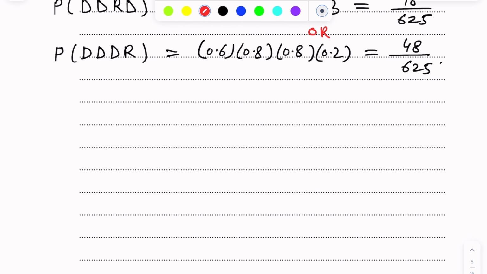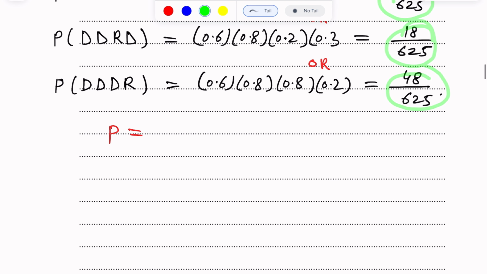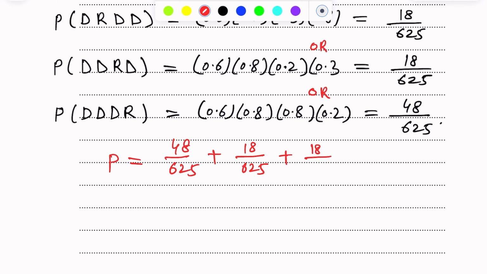So after adding all these options, the probability is 48 over 625, plus 18 over 625, plus 18 over 625, plus 48 over 625.